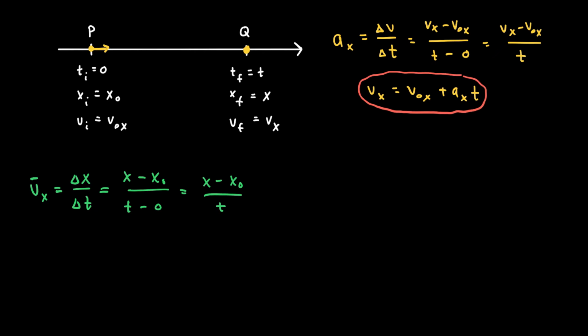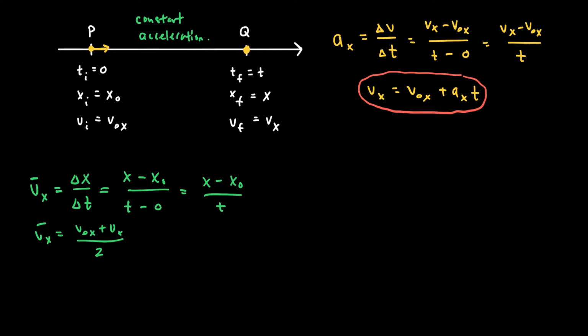I also know another fact, and this fact is going to help me derive this second equation. And that is, if the object is moving with a constant acceleration between these 2 points, and if and only if it moves with a constant acceleration, then I know that the average speed between points P and Q is also equal to the initial speed plus the final speed divided by 2.